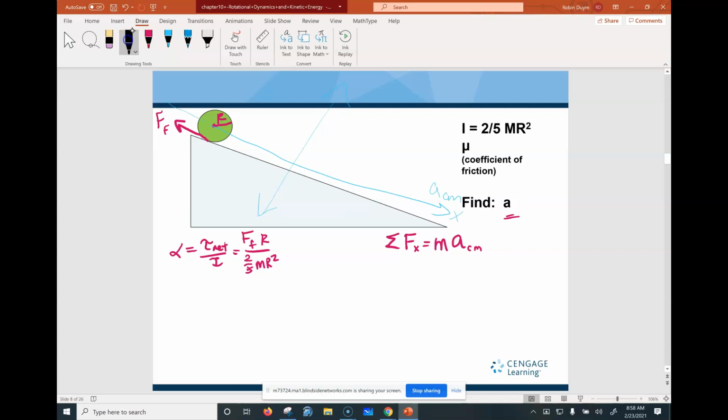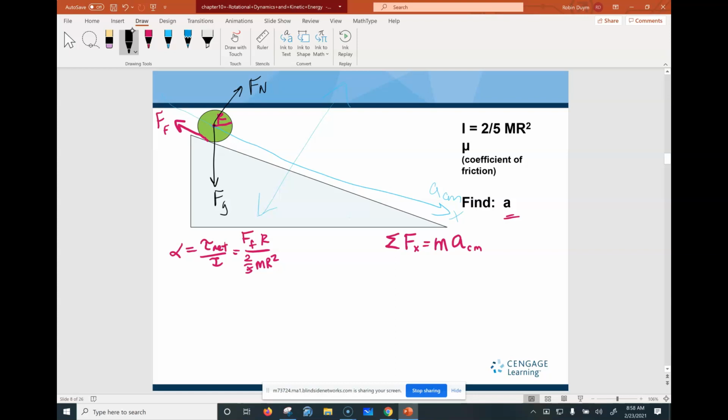Now we need to go back and get that force again, Ff. And then, why do we need that? Because we're trying to sum up our forces in the x direction. So we need also, remember, our normal force. We need that guy back.